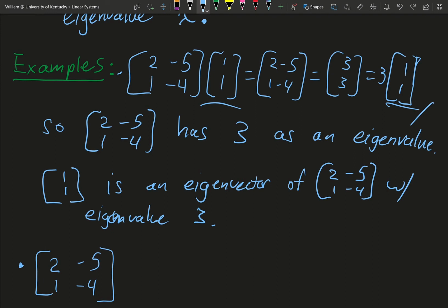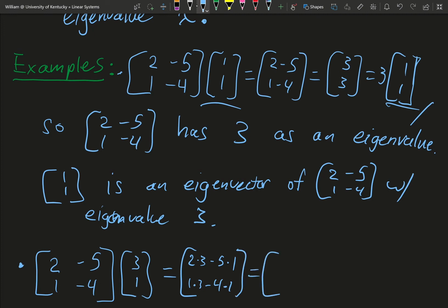Let's say, on the other hand, I multiply by something like 3, 1. That's going to be 2 times 3 minus 5 times 1, and 1 times 3 minus 4 times 1.